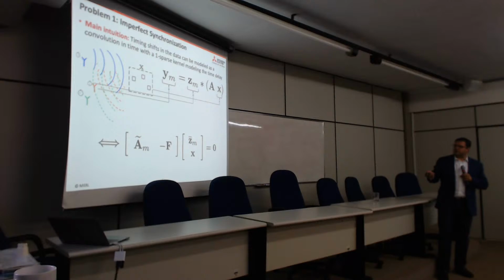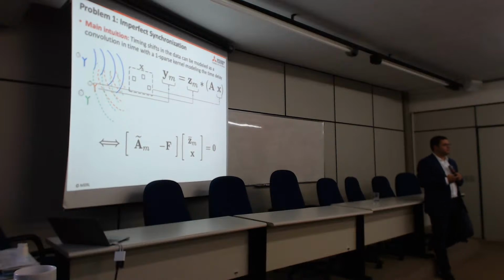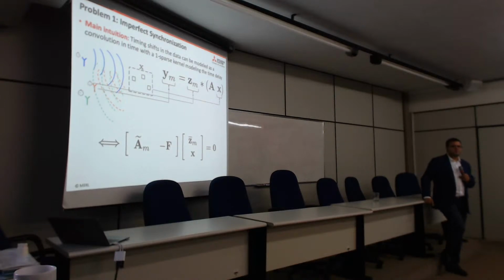And then what you want is the solution where X is sparse and Z is sparse as well. So what's the sparse solution to this problem? What is an obvious solution to this problem? 0. So I'm in trouble again.